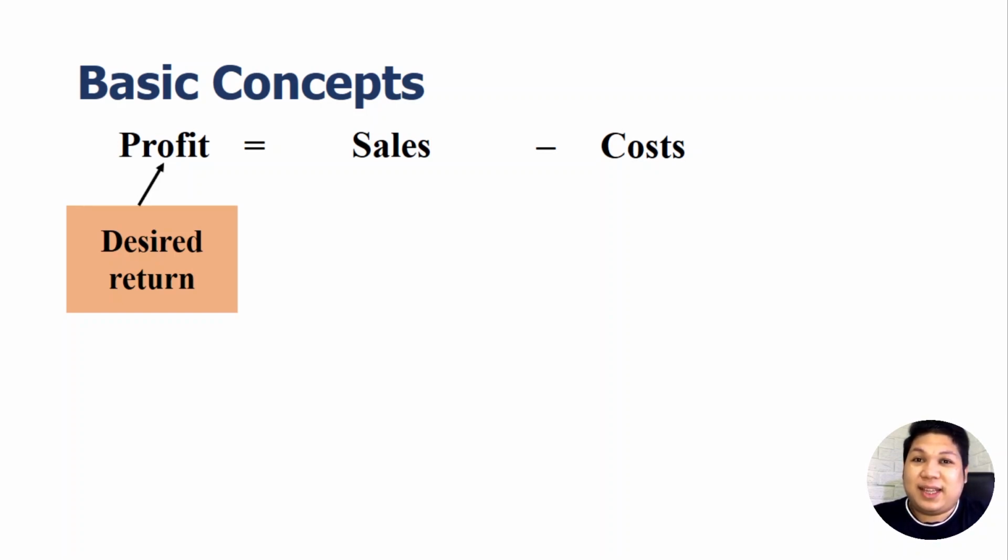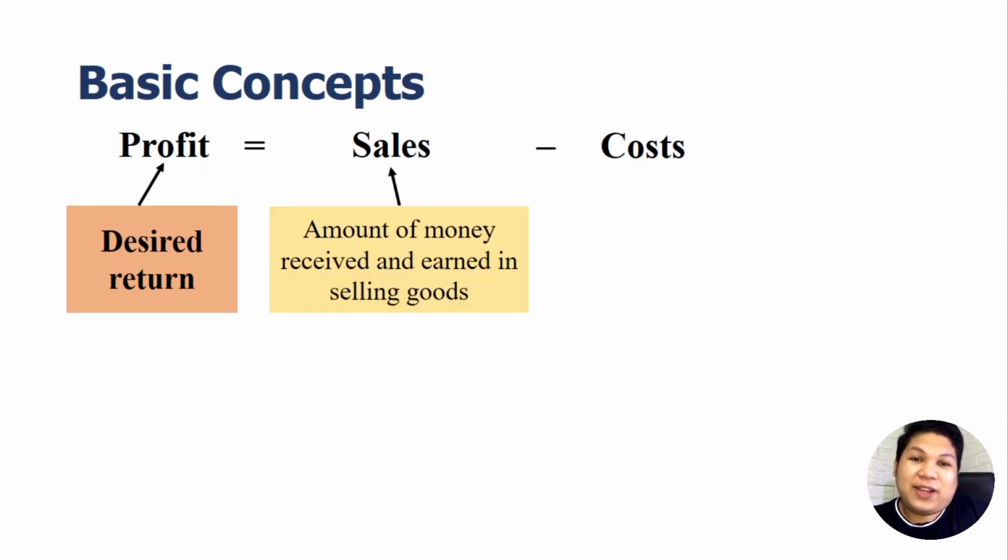So profit is actually our desired return. This is called a return because this is what we get after selling or after performing a service. On the other hand, sales is the amount of money received and earned in selling goods. Sales is different from profit because sales is the amount that we get after selling something.